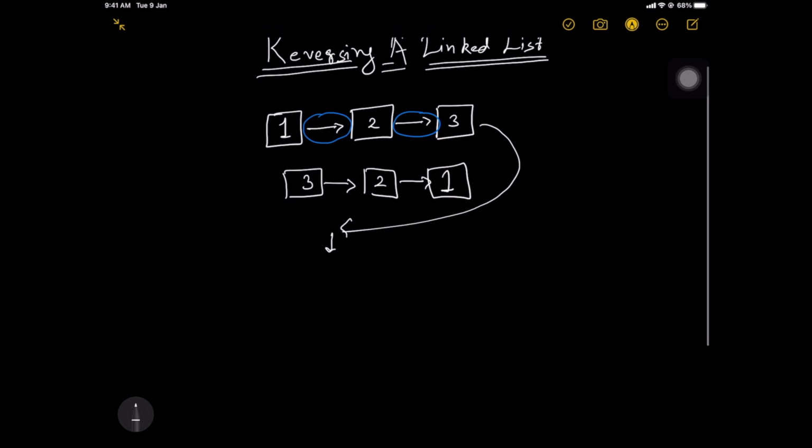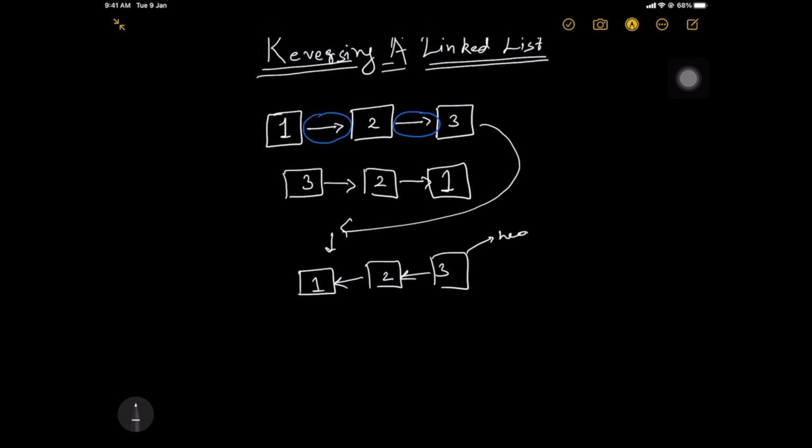We'll have 1, 2, 3, and this becomes our head now, like this, right? Correct? If we are to reverse it, our head should become 3, and all the way the end element becomes 1, and the next of 1 is null.